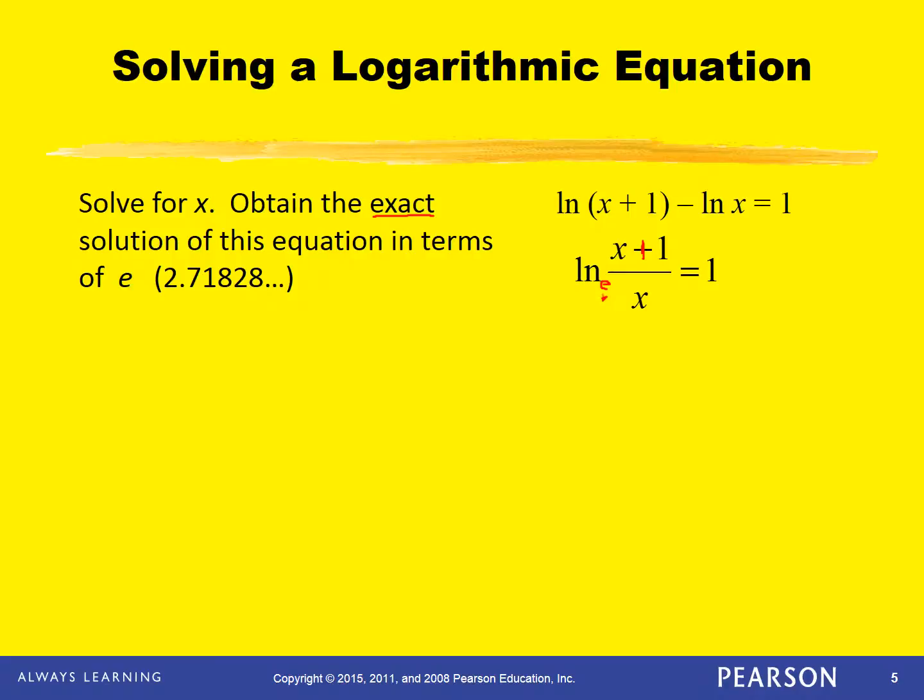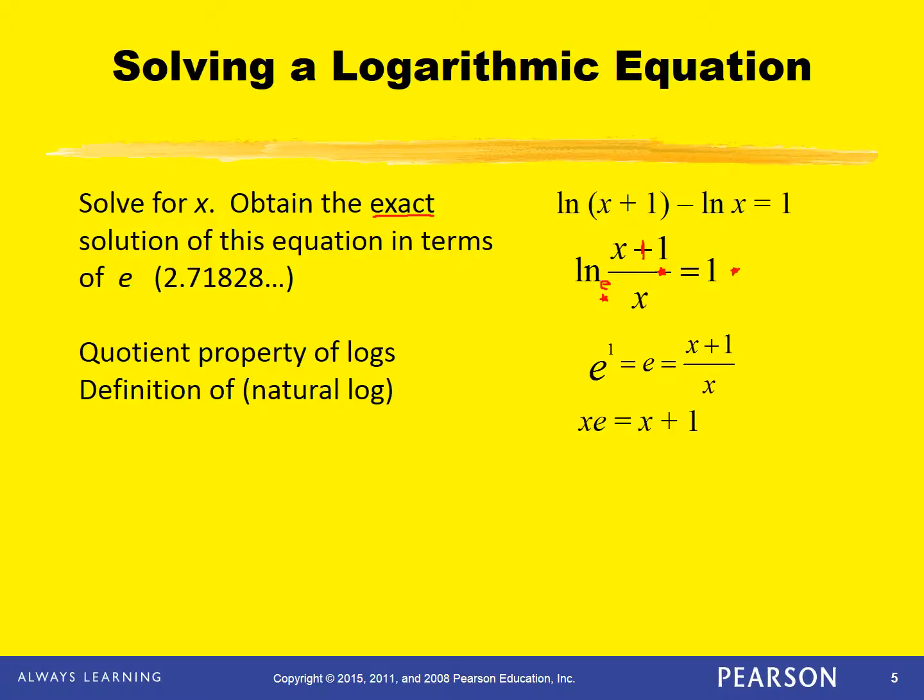That to the that equals that. E to the 1 equals x plus 1 over x. Well, how do we solve that? We can't really deal with it if we have x in the denominator. So we want to get that x out of the denominator, and we'll do that by multiplying both sides by x.